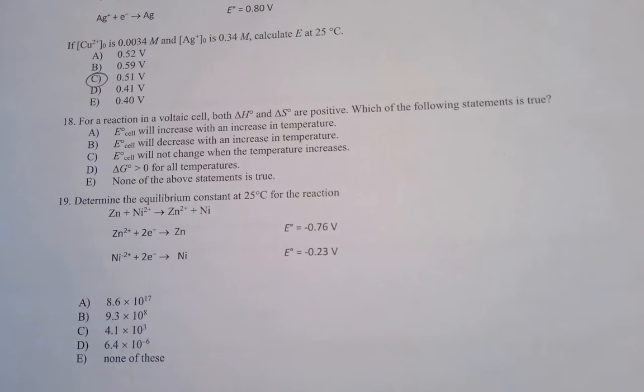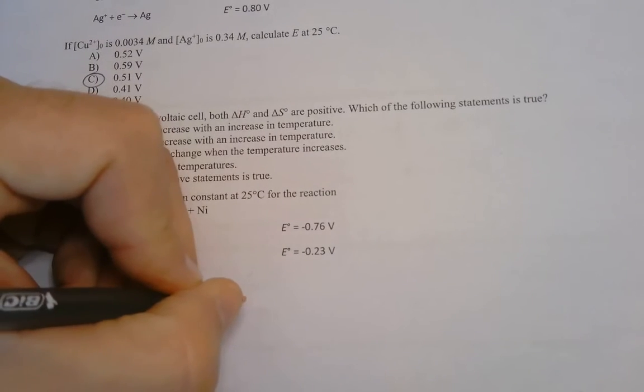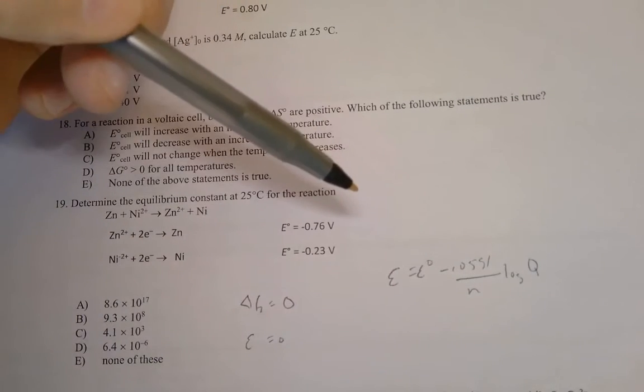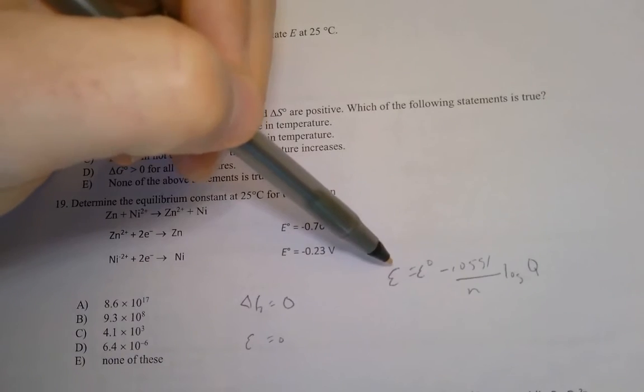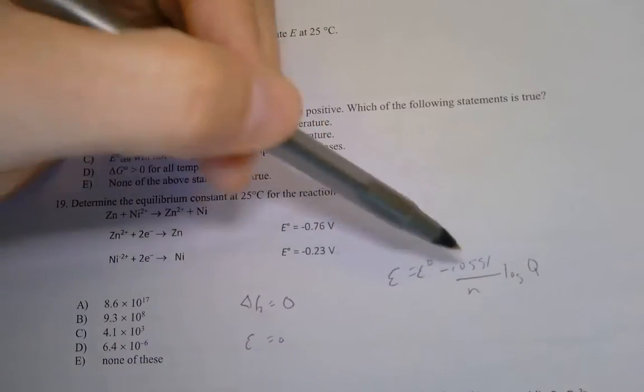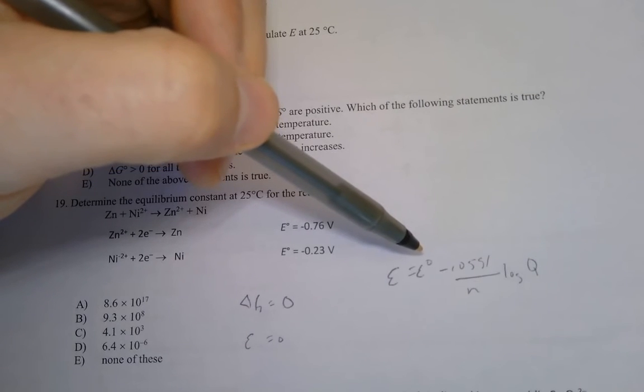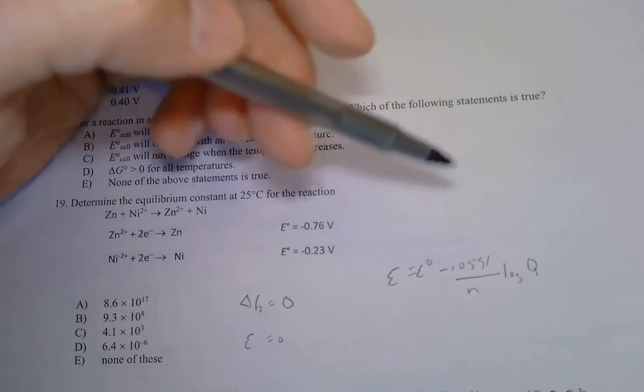So we've got equilibrium constant they're asking for. So we can go right back to our Nernst equation. I don't think we've worked one of these guys yet. So this is our regular Nernst equation, right? But if we set it specifically at equilibrium, there are some things we know.